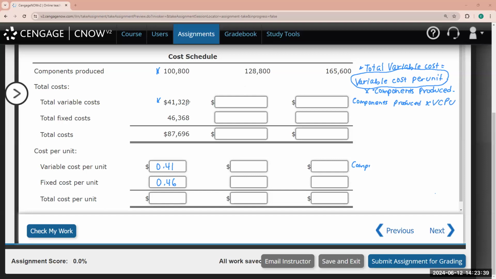So in order to determine our total variable cost, it is our components produced times our variable cost per unit. We'll finish up with this first scenario. Our variable cost per unit was 41 cents per unit, and our fixed cost per unit is 46 cents per unit. So our total cost, if we were to produce 100,800 units, would be 87 cents per unit. Next, we move on to our next scenario where we would produce 128,800 units.